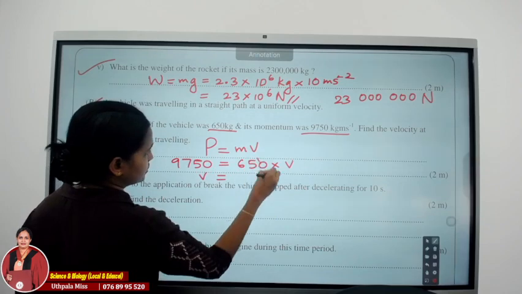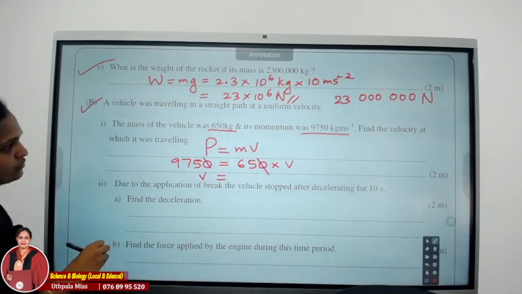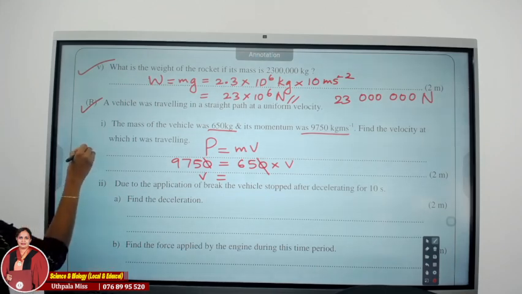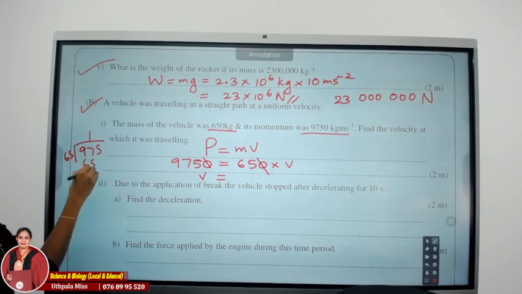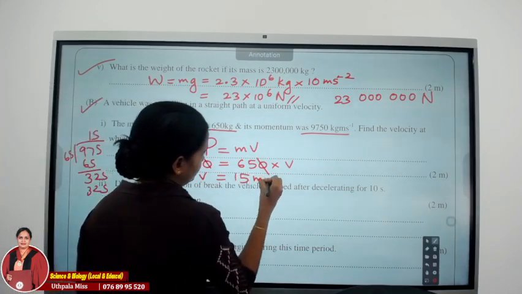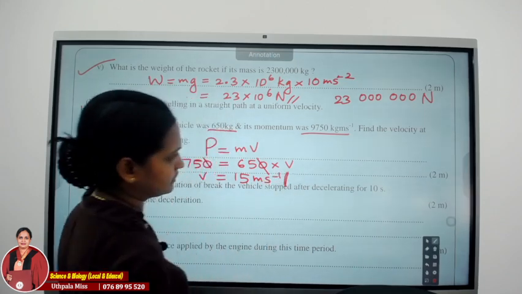So you are supposed to find v. 9750 divided by 650, that is 975 divided by 65. What is it? 15 ms minus 1.